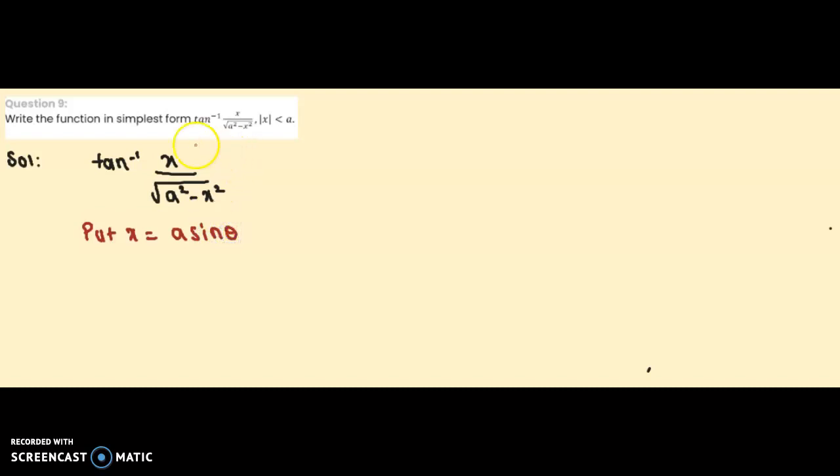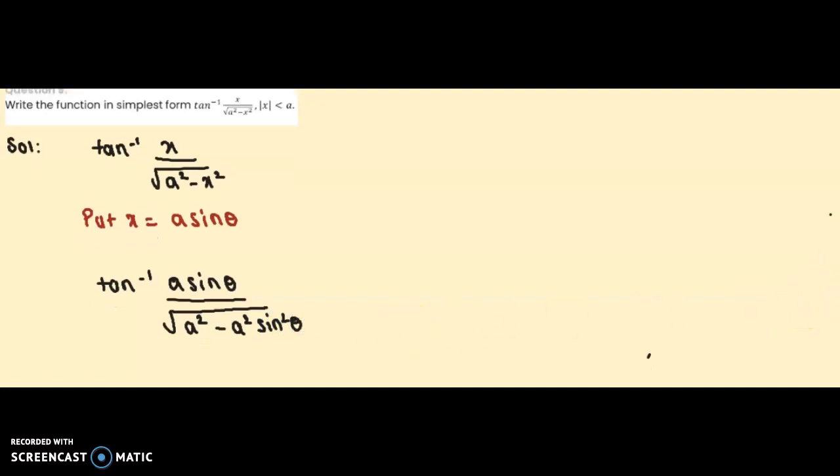Now this expression becomes tan inverse of a sine theta upon root over a square minus a square sine square theta, because x square becomes a square sine square theta.